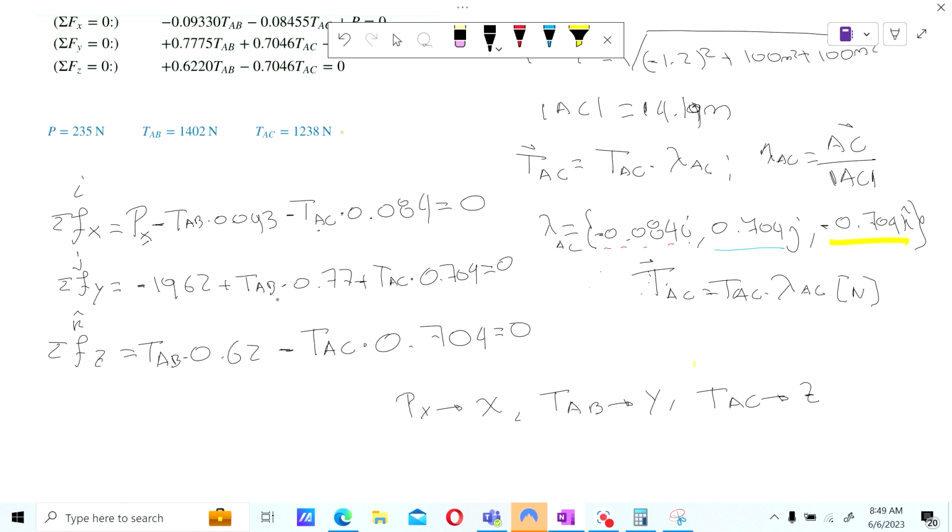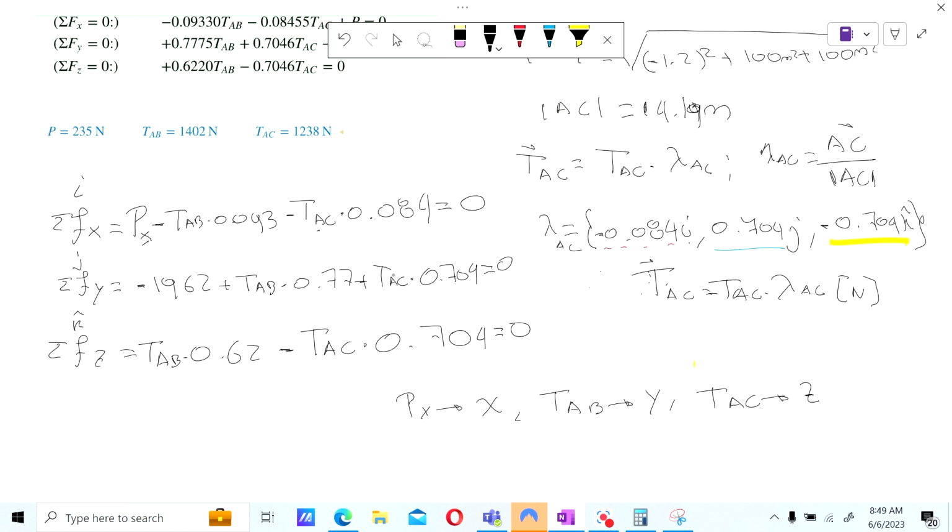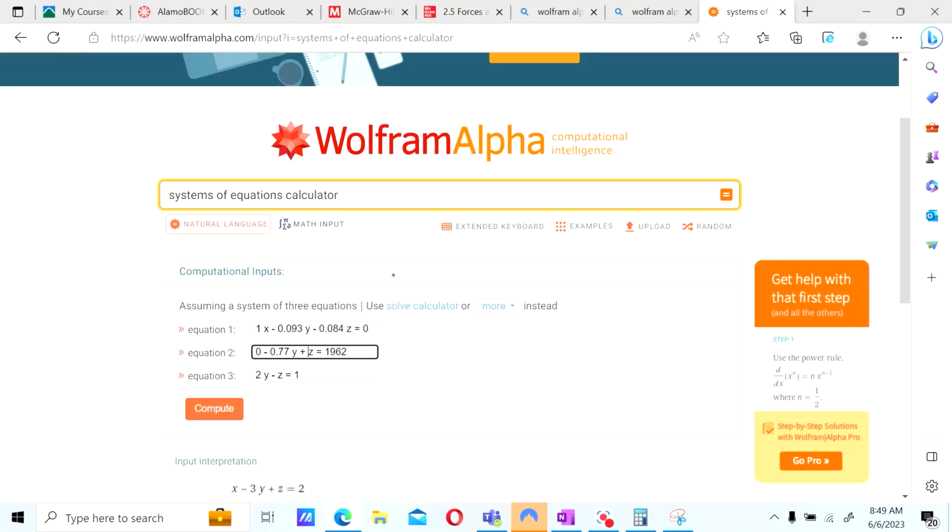Y is TAB, so it's going to be plus 0.77 plus 0.704.